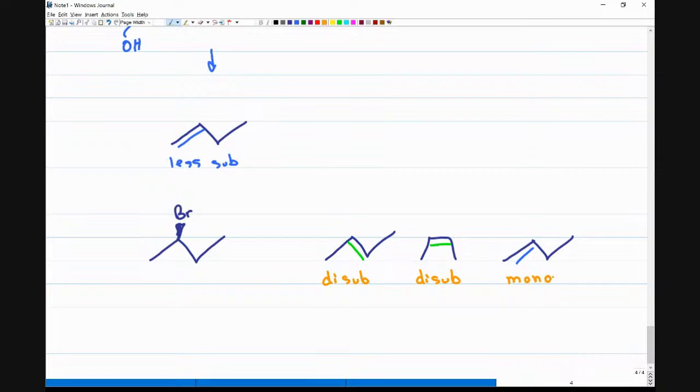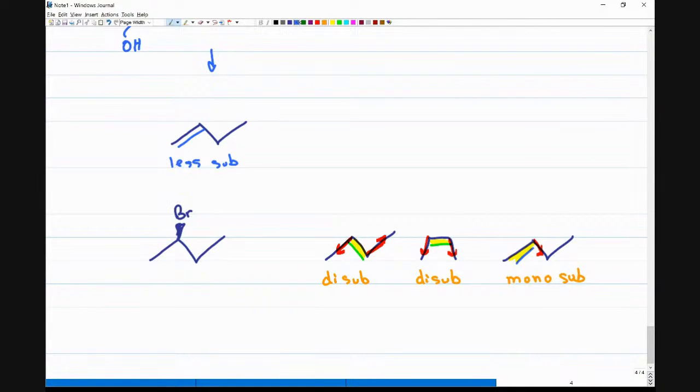This is mono-substituted. How did I know? Use the highlighter trick. Just take a highlighter, highlight the pi bond, and then see how many lines come out of the pi bond to carbon. 1, 2, 1, 2, only 1. That's why the last one is mono-substituted.